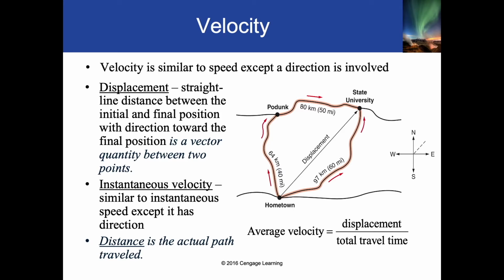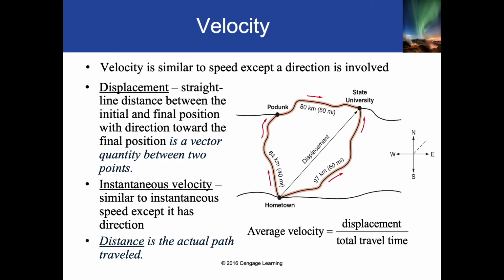And then the distance is actually the path that's traveled. So if you're going to go over here, 97 kilometers or 60 miles, or you're going to go over here to Podunk first and then go to State University, those are both distances. But if you're talking about the straight line distance between your hometown and State University, that's called the displacement.